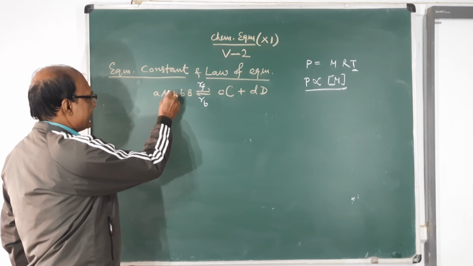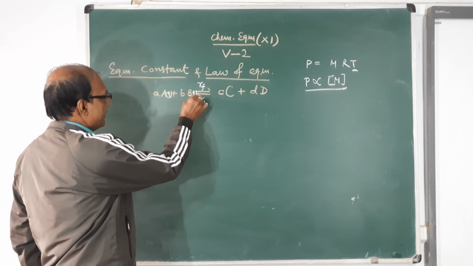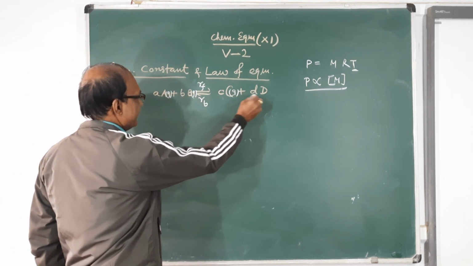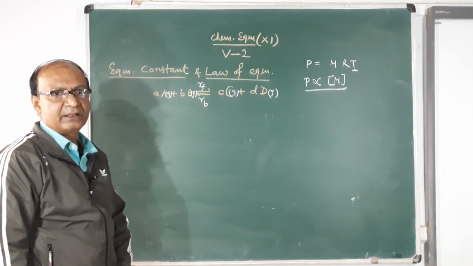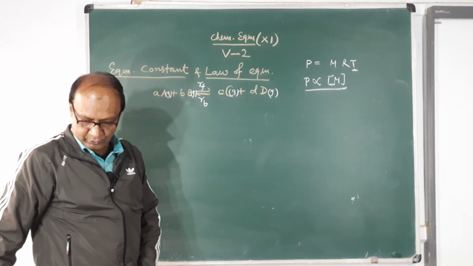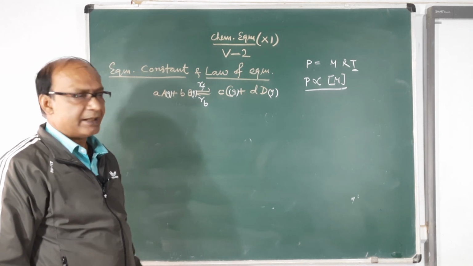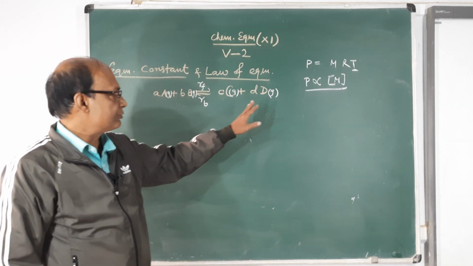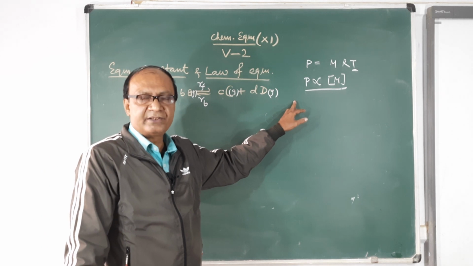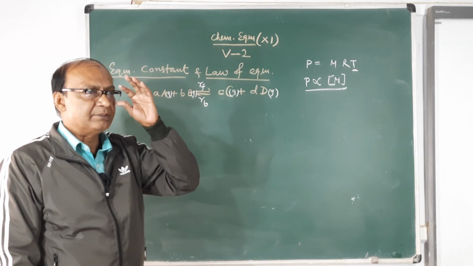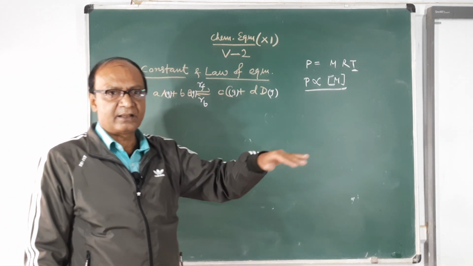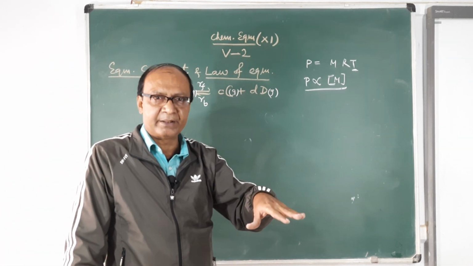So A is a gas, B is also a gas, C is also a gas, D is also a gas. For a gaseous equilibrium system, we can write the expression of the equilibrium constant in terms of molar concentration as well as in terms of partial pressure, because all the gases are involved in the equilibrium system.